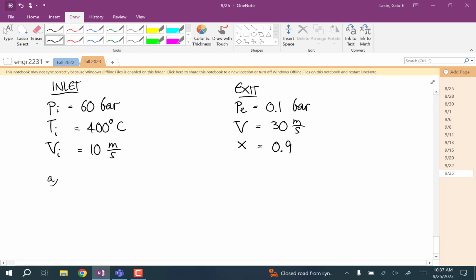So first, we're going to use the standard assumptions for a turbine. And we're going to find the power generated.